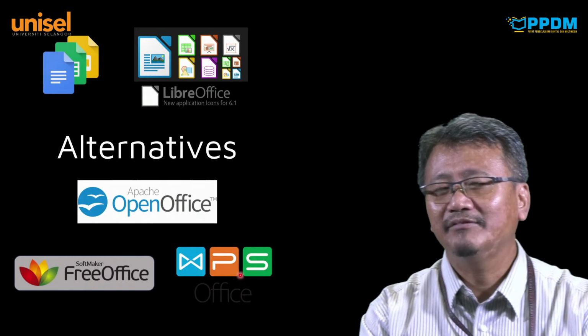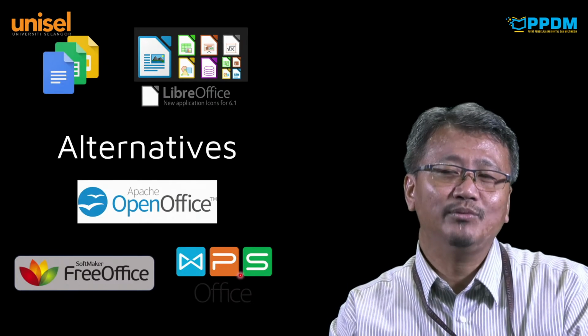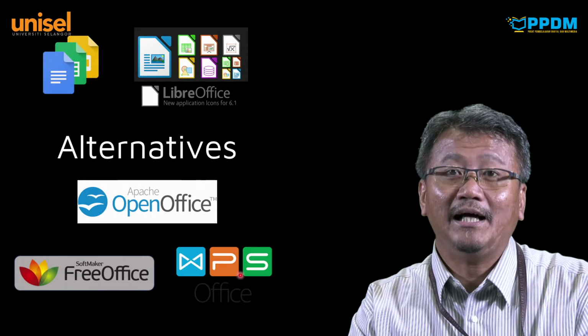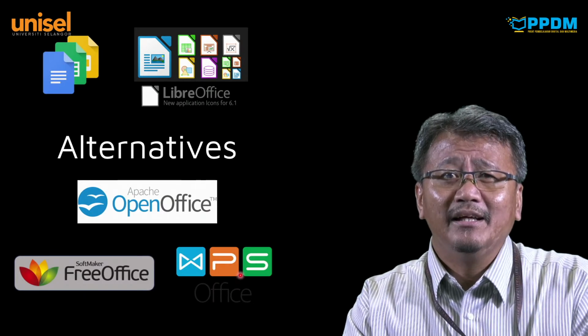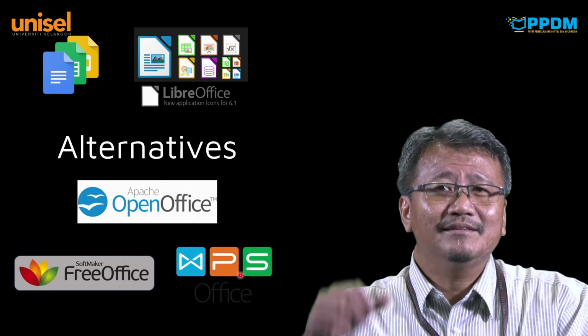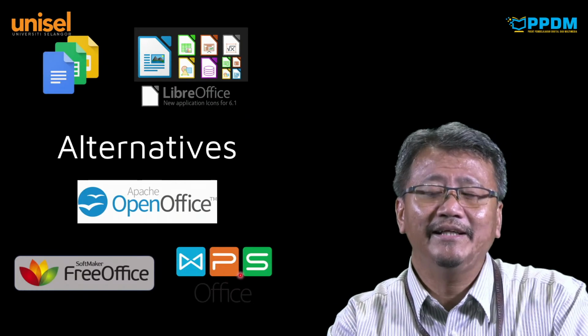These are some of the alternatives that we've tried before, and we think you can try them as well. Whereas with the other applications that we've tried, we found out that there is a marketing technique that they use.